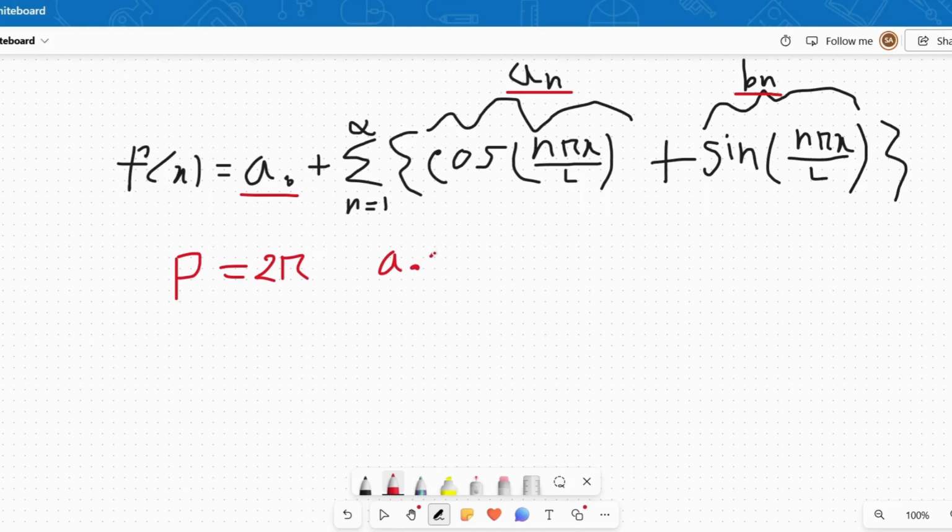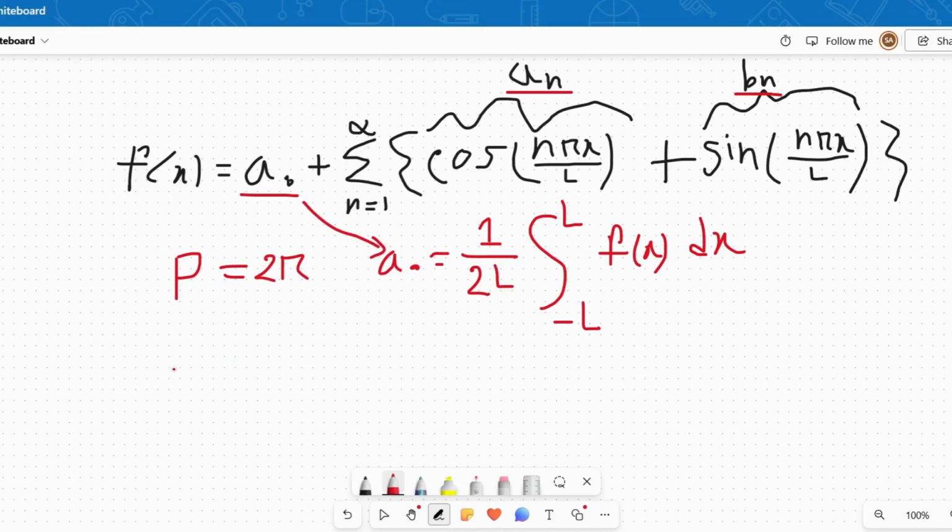A naught equals 1 by 2L integration of minus L to L f(x) dx. That is the equation of A naught.